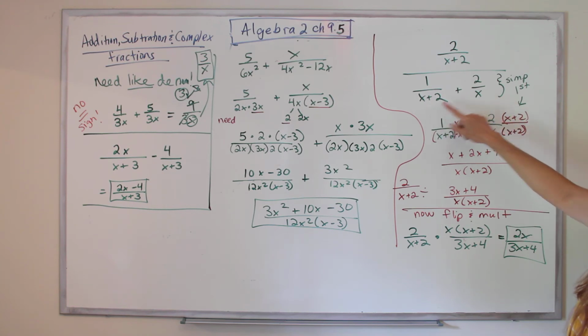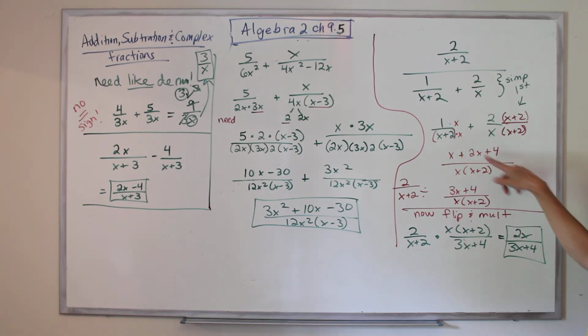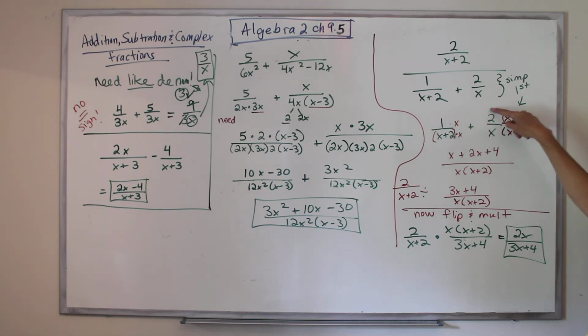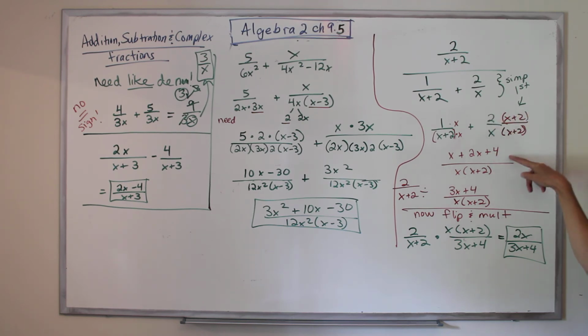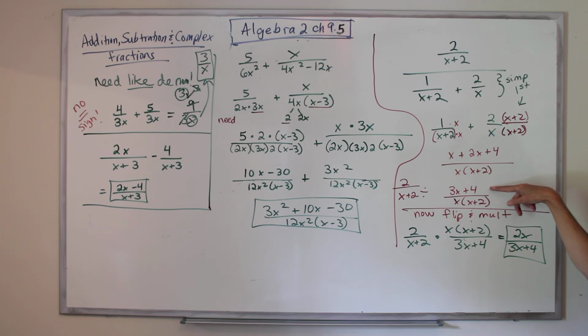This side needs an x. This side needs an x plus 2. So I did that, and then I have my new bottom, x times x plus 2. 1 times x plus 2 is x plus 2, 2 times x is 2x. X plus 2x is 3x, and then there's the 4, and there's the bottom here.